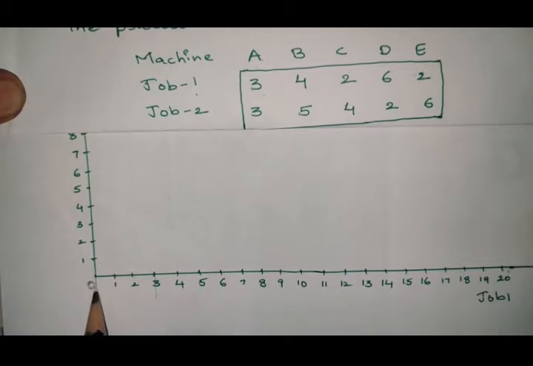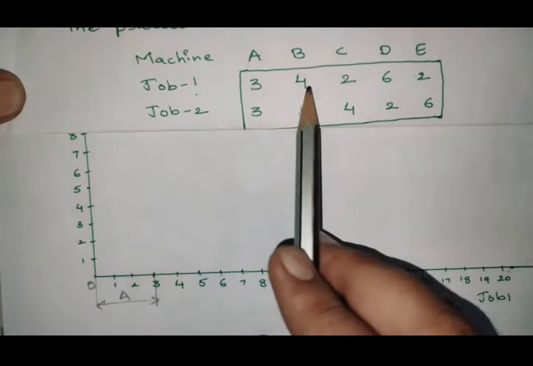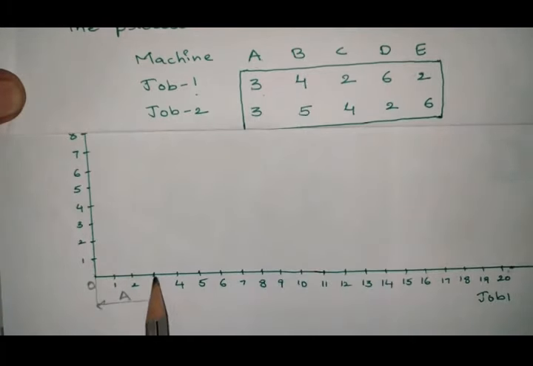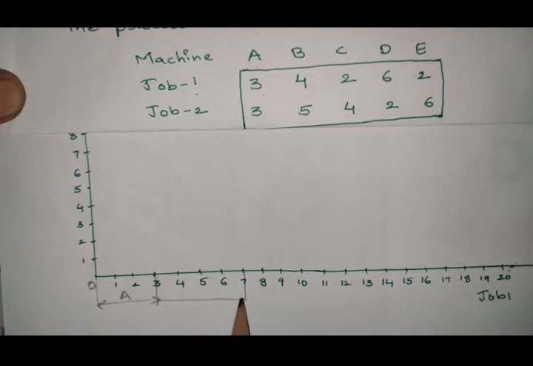Next, 3 plus 4 is 7, so from 3 to 7, that is 4 hours, machine B does the process on job 1.